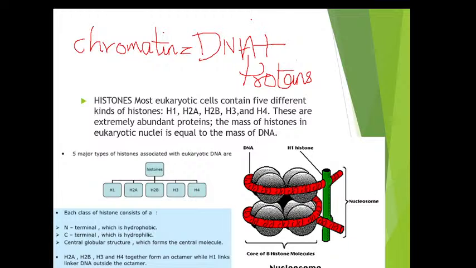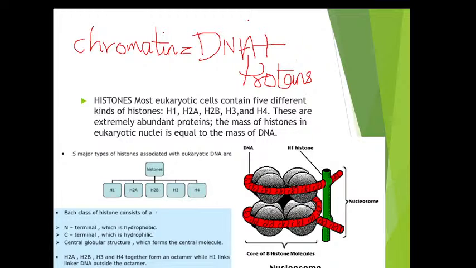It is because the nucleus, or nuclear membrane, is present only in eukaryotes, but prokaryotes are devoid of this nuclear membrane.